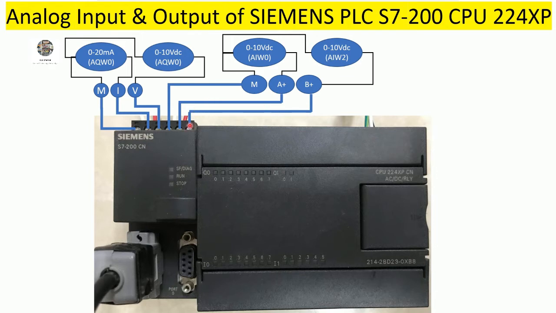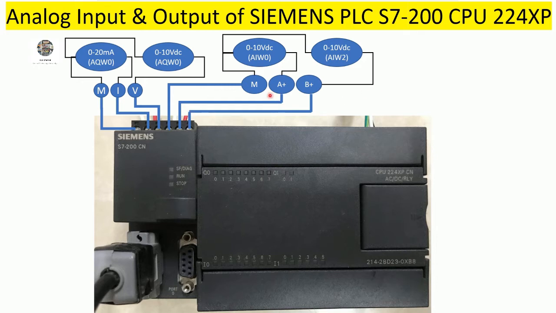And this is channel number 2. If we provide a voltage from 0 to 10 volt DC, we also get 0 to 32,000 for the raw data.